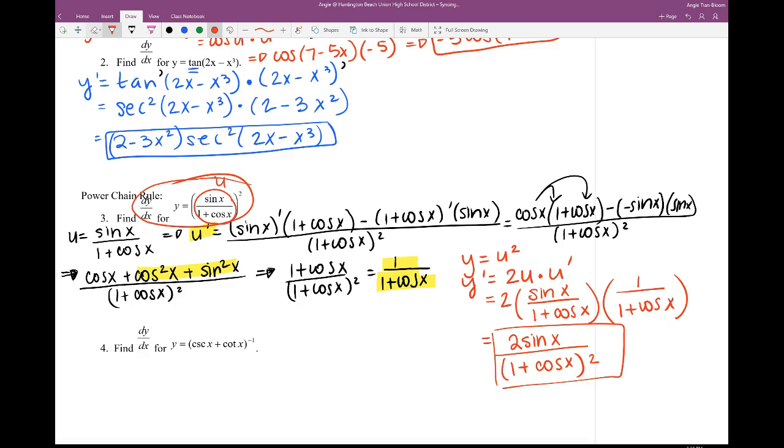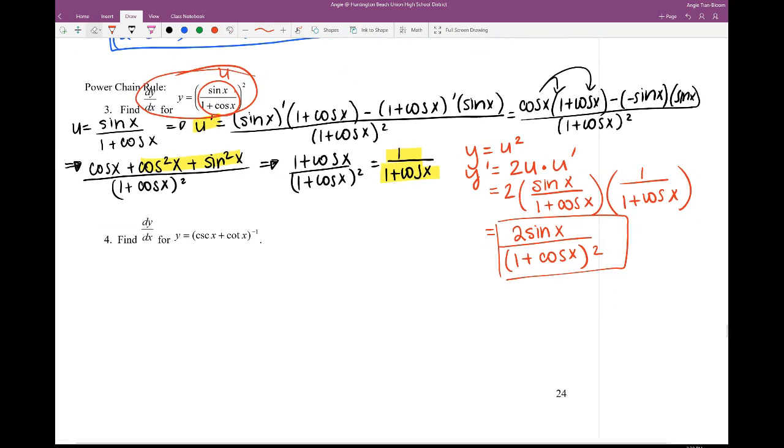So I want you to understand that, because remember, the derivative of y is y prime. The derivative of x is 1 only because we are taking it with respect to x. The derivative of u is u prime because it is not with respect to x, okay? So I want you to understand that really well.